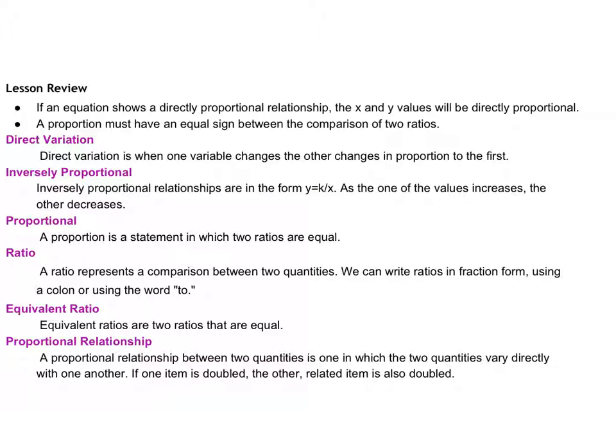As either x or y increases, the other one decreases. A proportion is a statement in which two ratios are equal. A ratio represents a comparison between two quantities. We can write ratios in fraction form, using a colon, or using the word to. Equivalent ratios are two ratios that are equal, and a proportional relationship between two quantities is one in which the two quantities vary directly with one another. If one item is doubled, the other related item is also doubled.